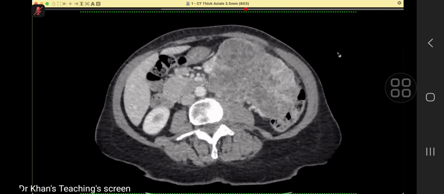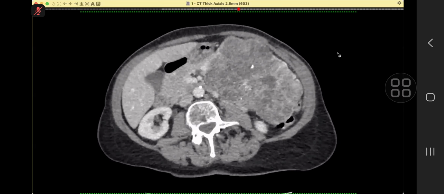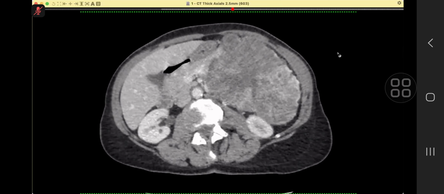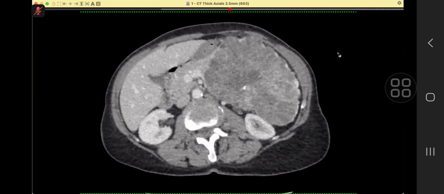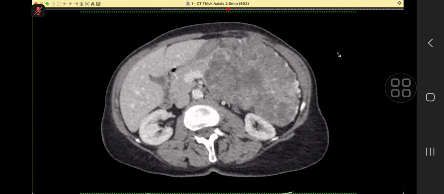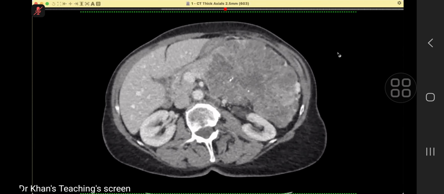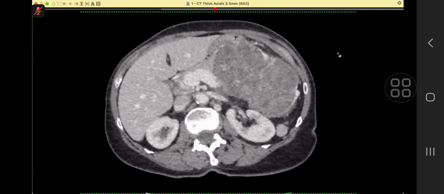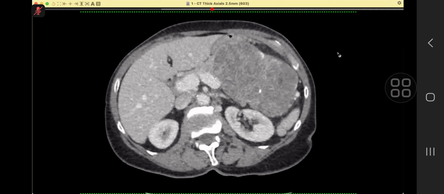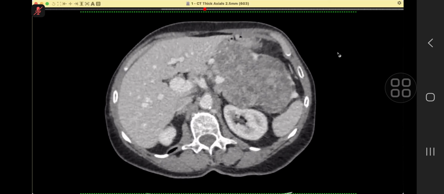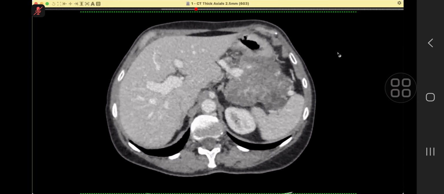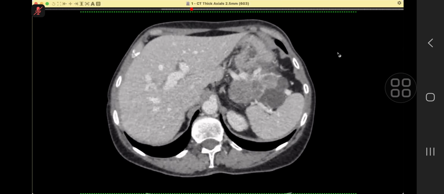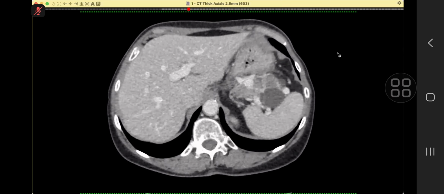I can appreciate a large, solid, heterogeneous, multilobulated, marginally enhancing lesion. The lesion is compressing the kidney. There are some adjacent vessels as well, and there is a loss of fat plane between the lesion and the stomach bed.